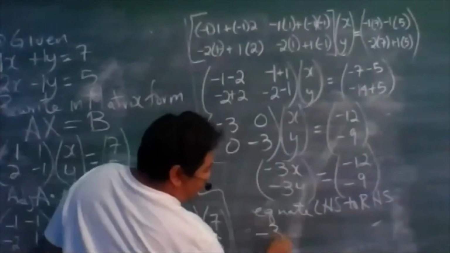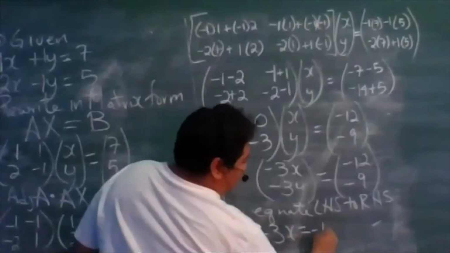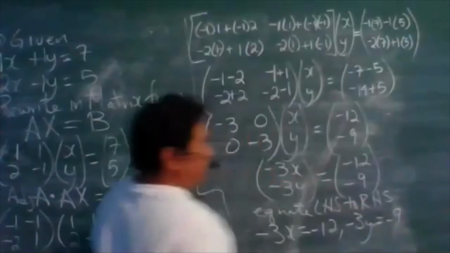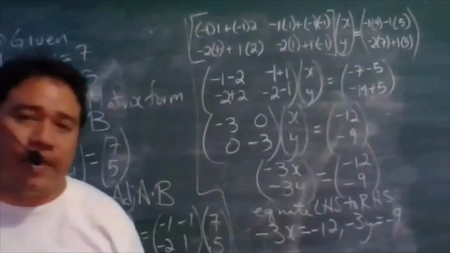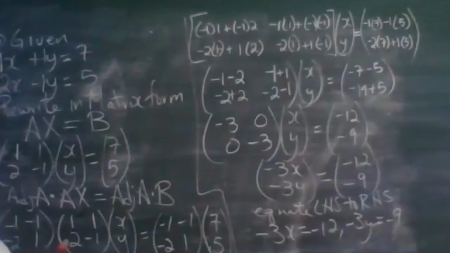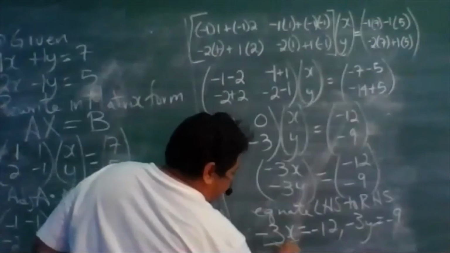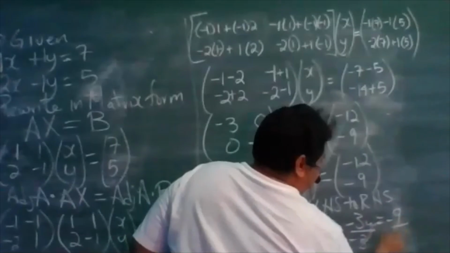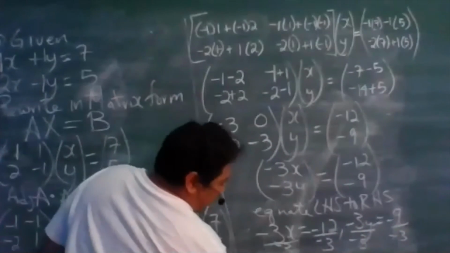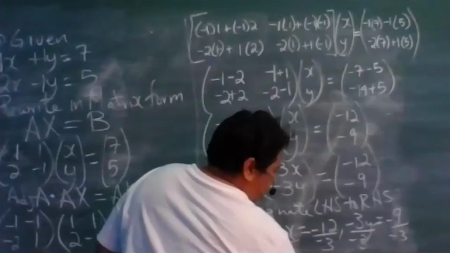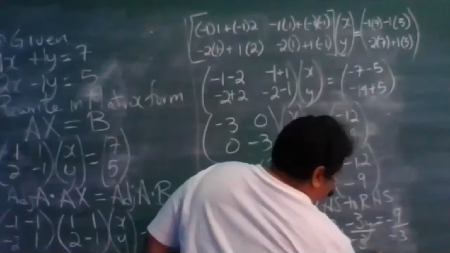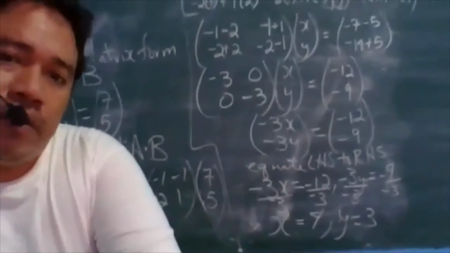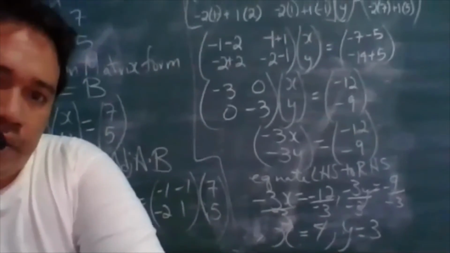So I'm going to have negative 3x equals negative 12, and negative 3y equals negative 9. Now it should be obvious that I will be dividing by negative 3 on both sides for both of them. So here x will be 4, and here y will be 3. So x will be 4, and y will be 3.